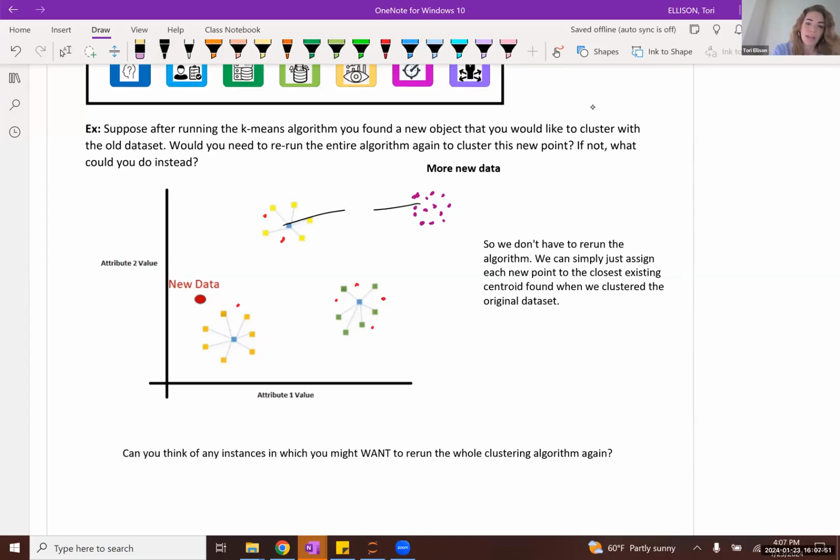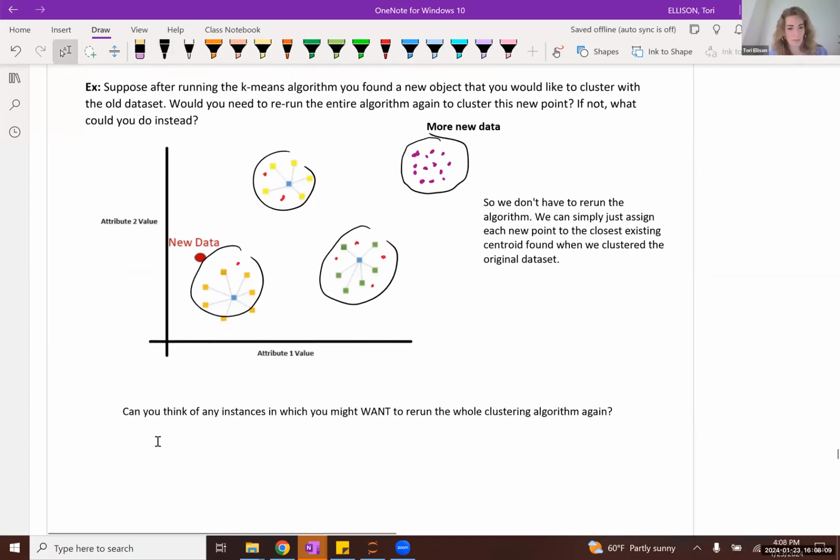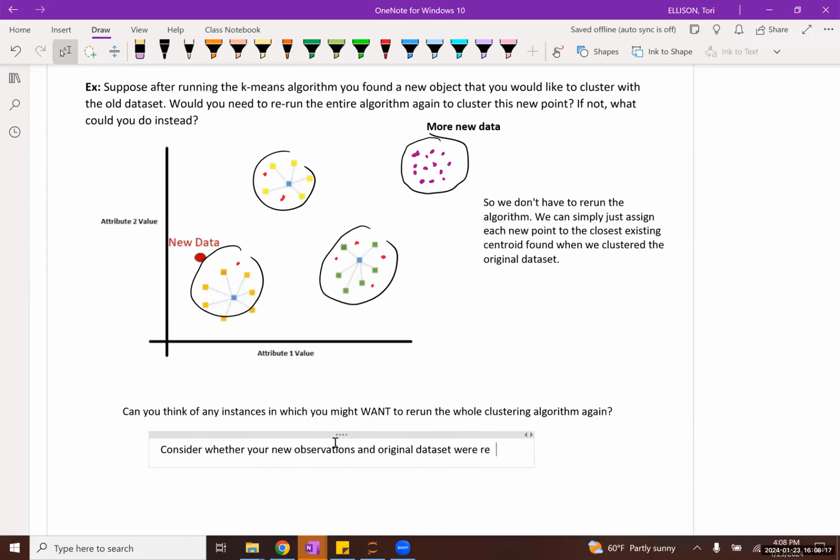On the other hand, if we had rerun the entire algorithm, if we had rerun the k-means elbow plot, we would have identified that we're actually seeing 4 clusters that now exist in this new data set. So maybe we should cluster the data set into 4 clusters. So we want to be careful about considering whether your original data set was representative of the full data set with new observations.